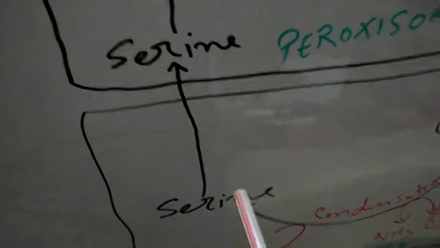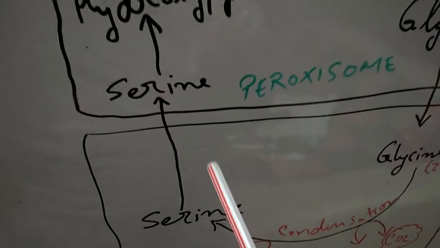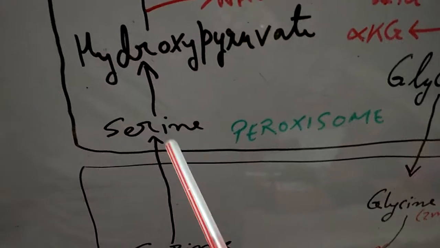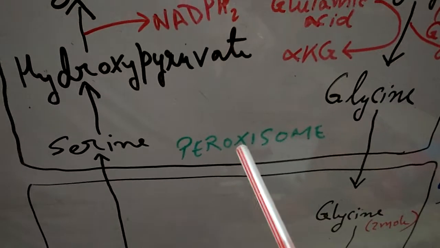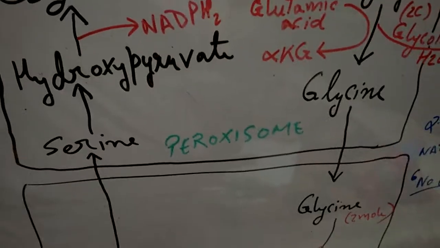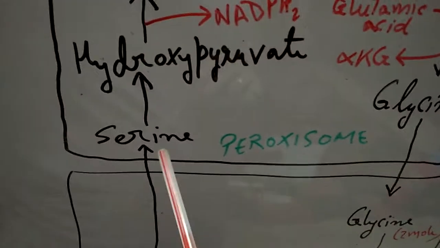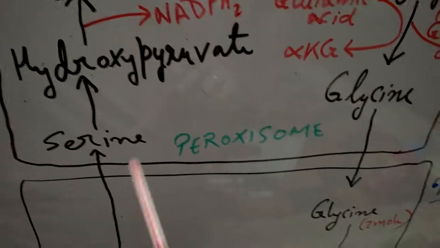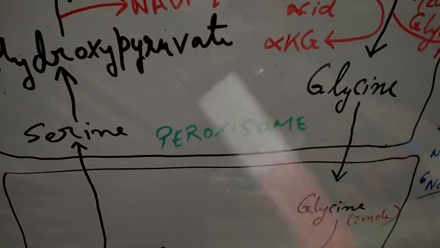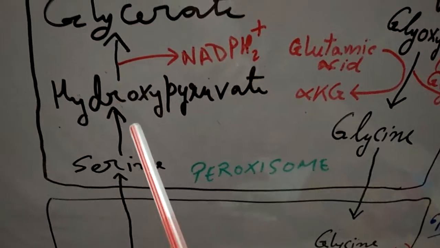Now serine, which is the second amino acid, is transported into the second organelle, which is peroxisome. Now the cycle is reversing back. So serine is moved into the second organelle, which is peroxisome, and it is converted into hydroxypyruvate.